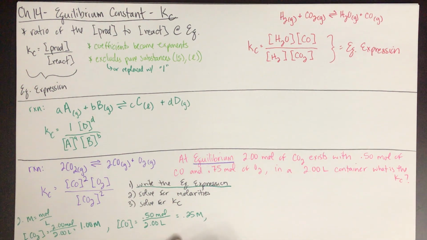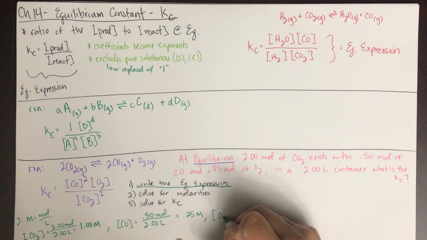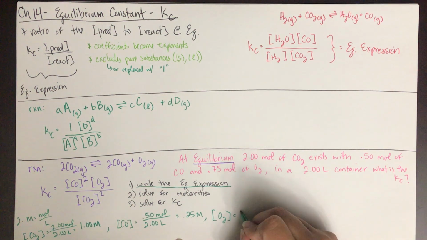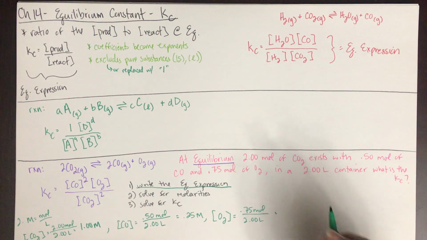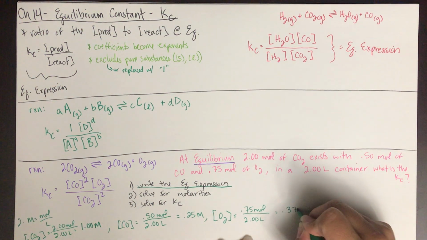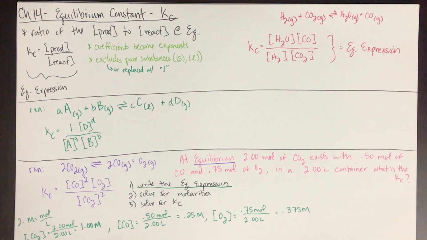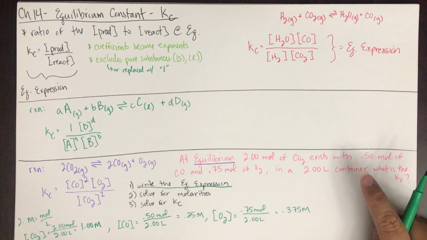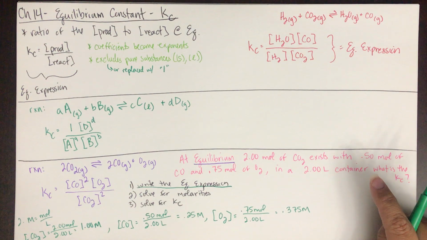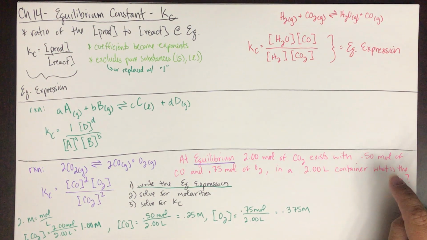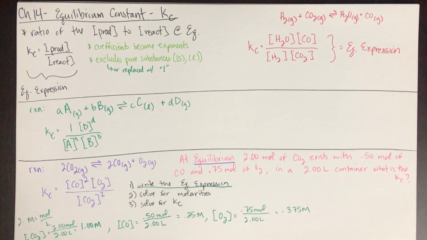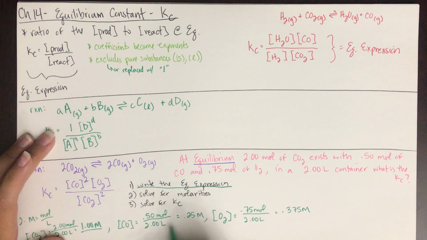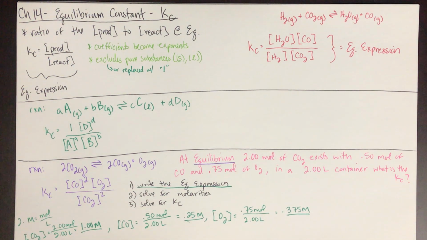And then lastly, for oxygen, I have 0.75 moles in 2.00 liters, which means I have a concentration of 0.375 molar. So you want to pay attention to these questions, because when you're asked for Kc, you're using concentrations in molarity. These values were given to us as moles and then a volume in liters, so we needed to convert those moles and liters into molarities.